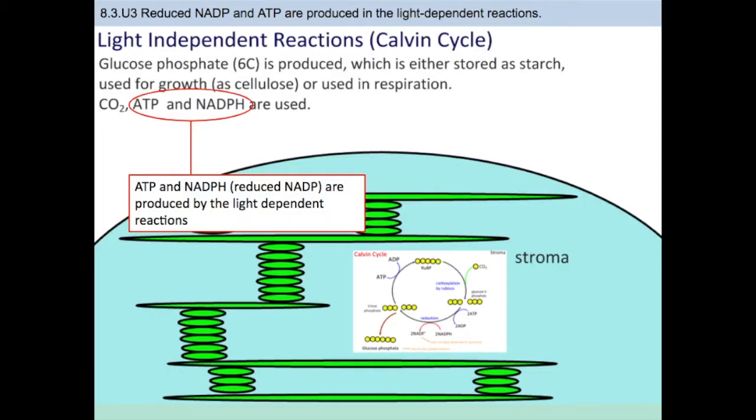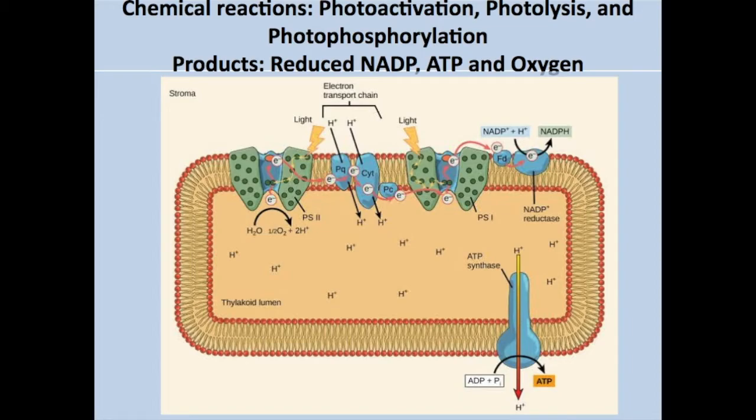As we've mentioned earlier, these are the final products of the light-dependent stage, ATP and NADPH. And this ATP goes out into the stroma. This is the stroma, the fluid of the chloroplast. And NADPH is also in the stroma. So guess what? Where does the light-independent stage happen? Stroma.